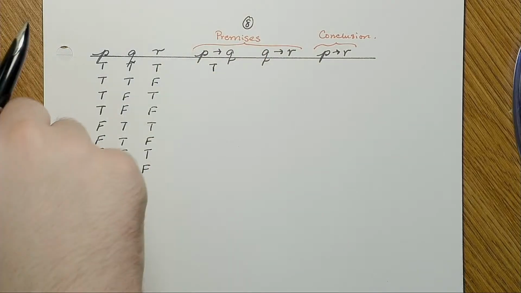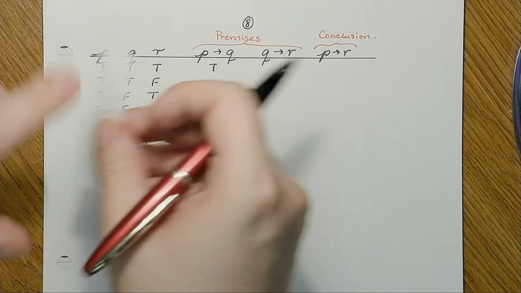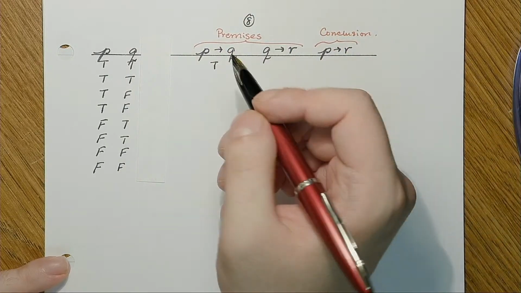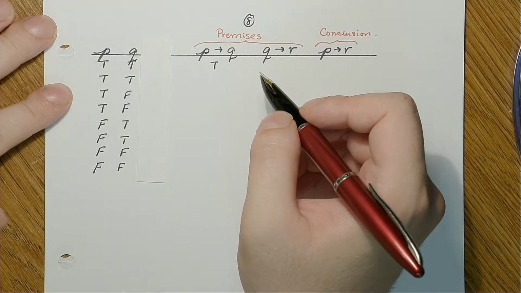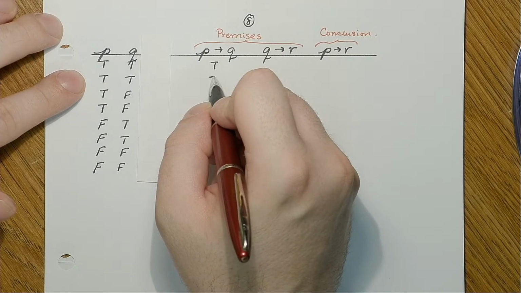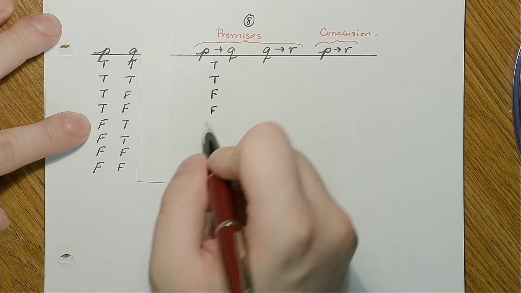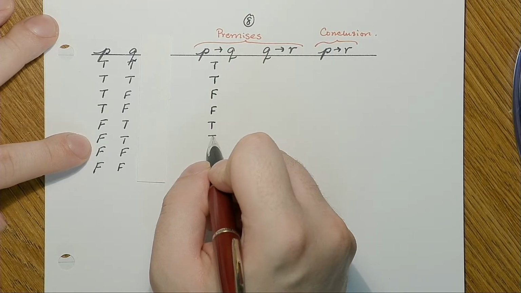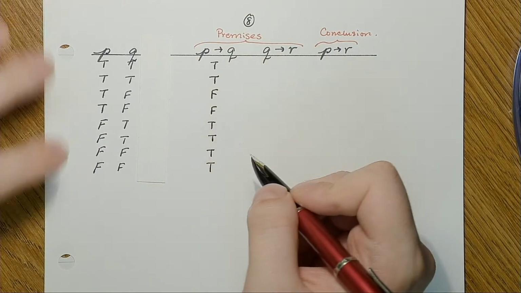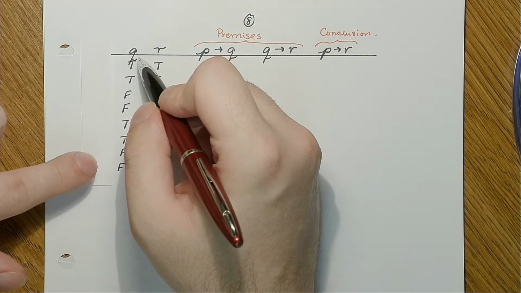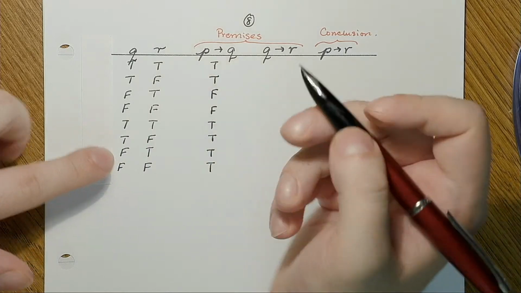So make sure I look at the correct columns. Okay. Now we'll look at Q implies R. So that's this column implies this column.